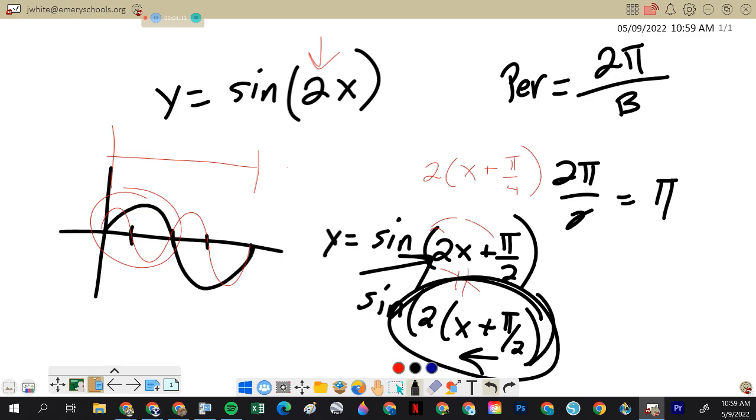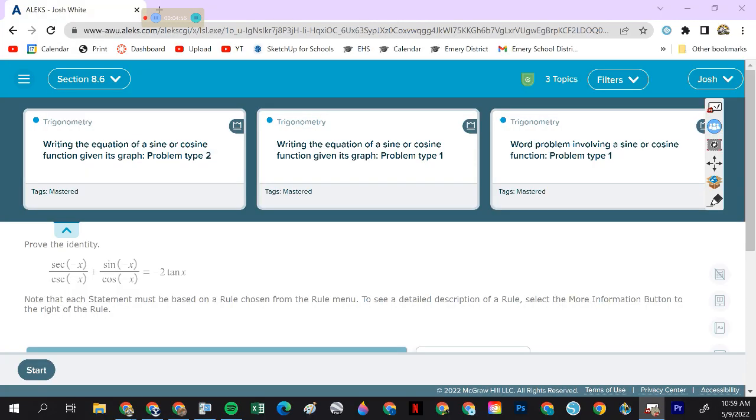So whenever you have a periodic function that has a phase shift, a left and right shift, and a period change, make sure you put the phase shift in parentheses and the period change on the outside. Okay? Otherwise, you're going to get the answer wrong. So let me show you what I mean by that.